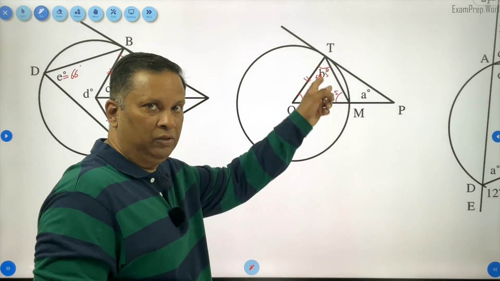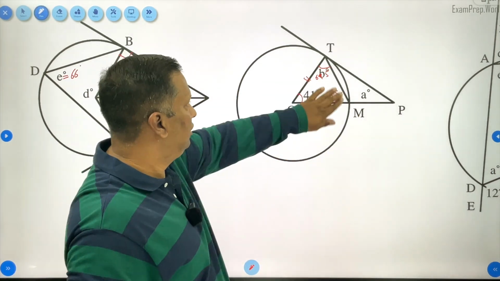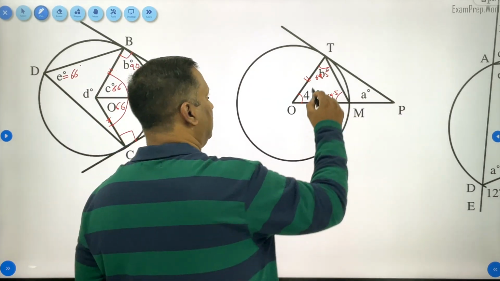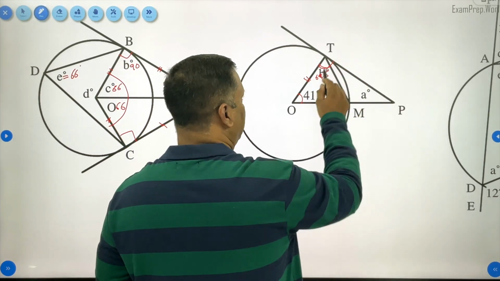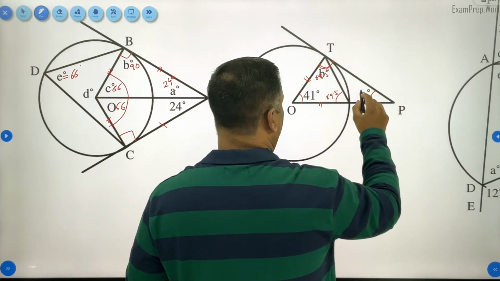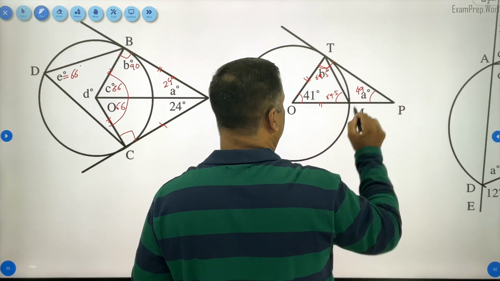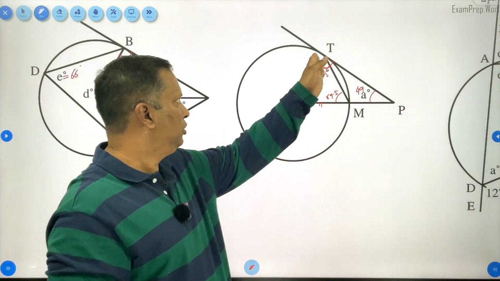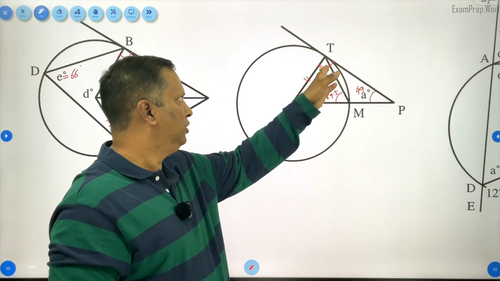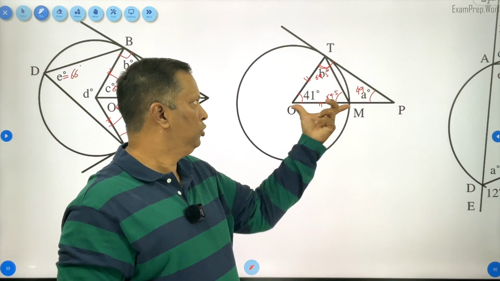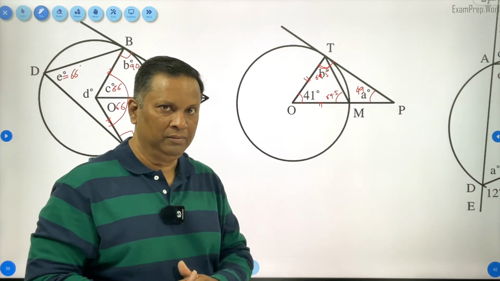Because all three angles will add up to 180, and these two angles will be equal. Now they are asking you this angle. This is very simple. This whole thing is 90 degrees. 90 minus 41 is 49. It was simple, right? Because it is a right angle triangle, if this is already 90 and 41, then it has to be 49, because these two angles are again complementary.